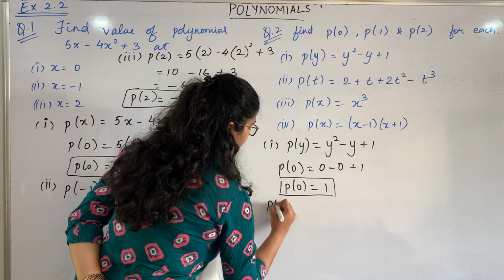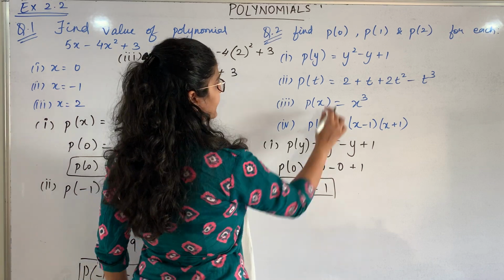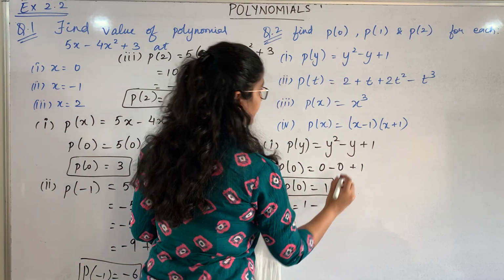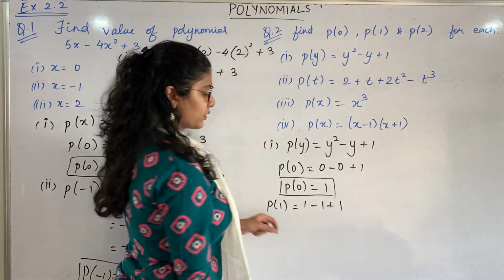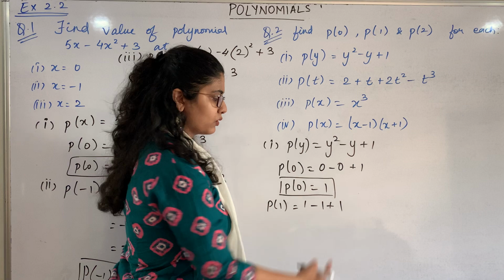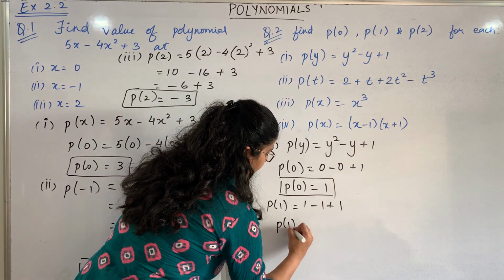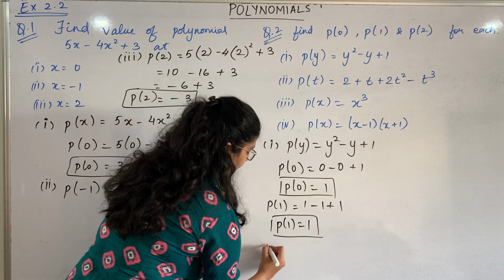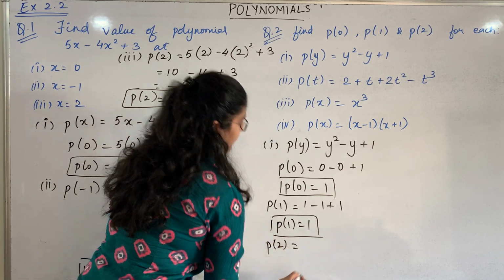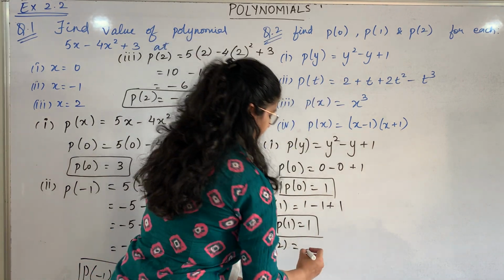Let's check for P of 1. P of 1 के लिए देखो तो 1 square 1 minus again 1 plus 1. As you can see 1 minus 1 is 0. So you're left with 1. So P of 1 क्या आ गया? 1. पता चल रहा है? बहुत सिंपल है. P of 2 फाइंड करते हैं तो चलो y के प्लेस पे क्या रखना है 2.